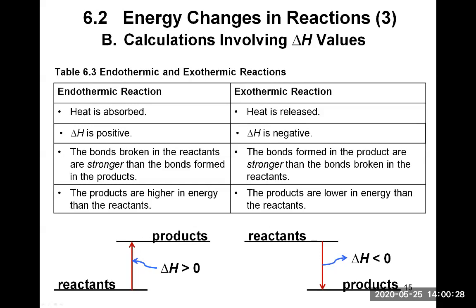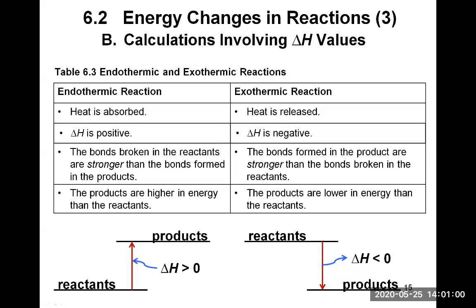Now, if we look at the case of an exothermic reaction, exothermic means that heat is released to the outside. Heat is exiting the system you're looking at. So the delta H will be a negative value. And so in this case, the reactants are higher in energy than the product. They have more energy, and the bonds in the reactant are weaker than the bonds in the product.